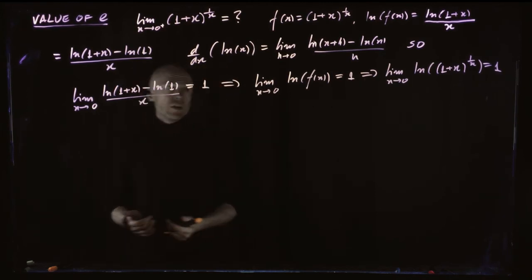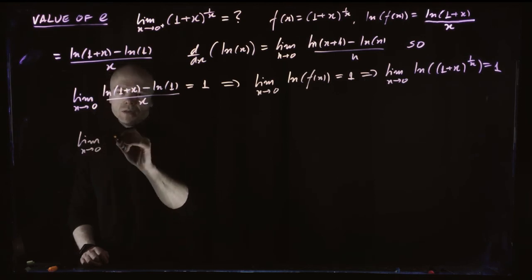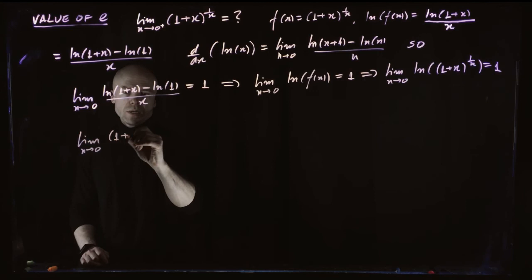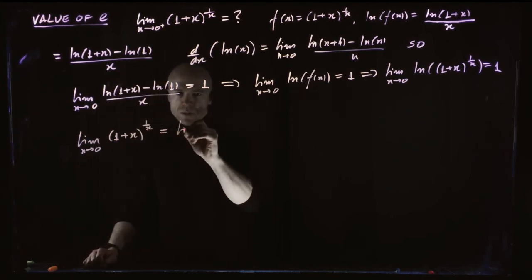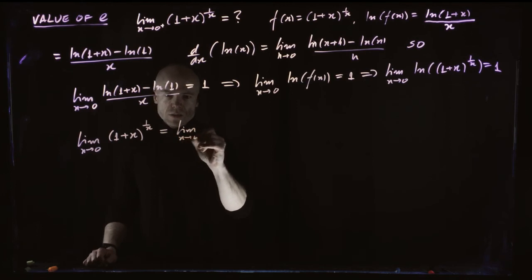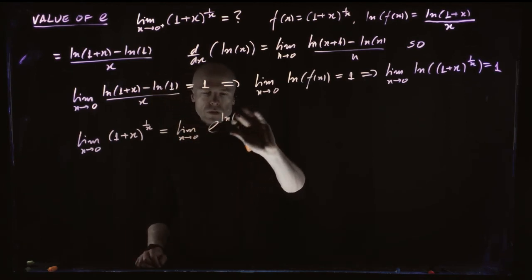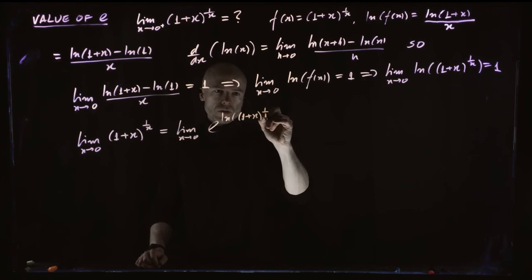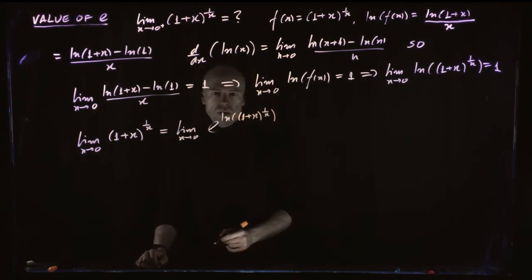So if we do the limit as x tends to 0 of (1 plus x) to the 1 over x, that's the same as the limit as x tends to 0 of e to the log of (1 plus x) to the 1 over x, just because e and log are the inverses, right?